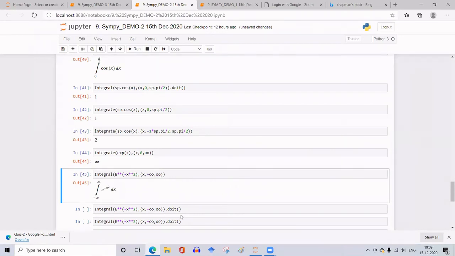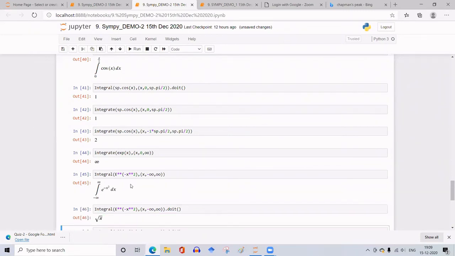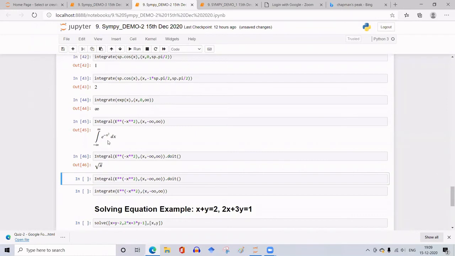If you evaluate this, what should I get? E to the power of minus x square with respect to x, you try this. You should get root pi.